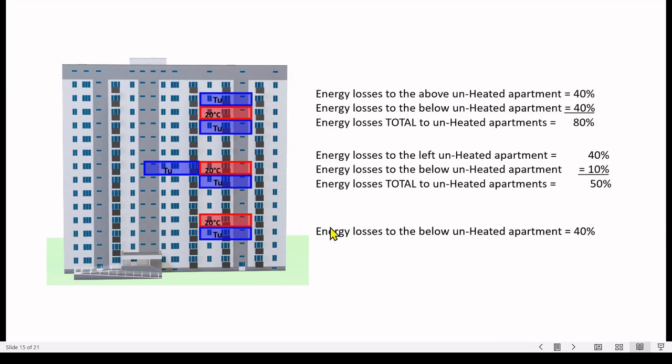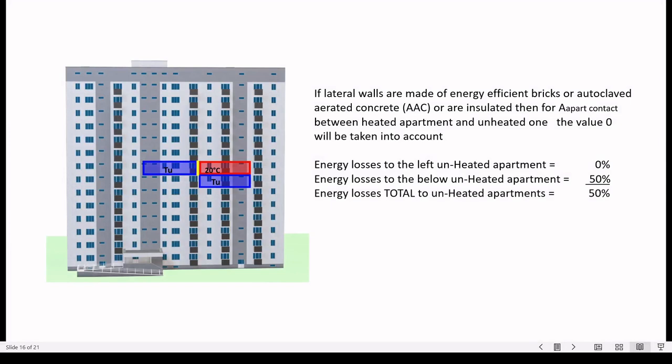In this situation, energy losses to the below unheated apartment are 40%. If lateral walls are made of energy efficient bricks or autoclaved aerated concrete, or are insulated, then the area of contact between the heated apartment and the unheated one will take the value 0.